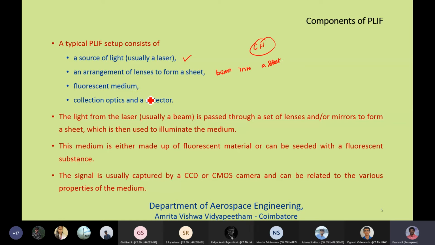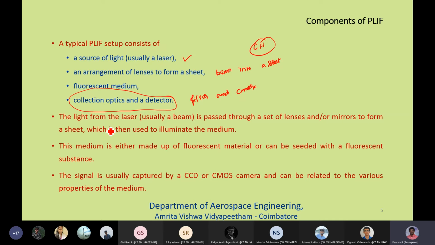We need a fluorescent medium that is injected as a particle and mixed along with the flow. And you need collection optics and a detector, that is, your filter and camera.